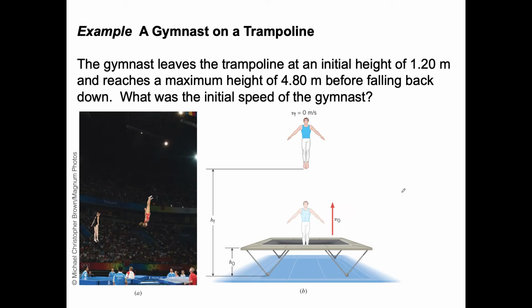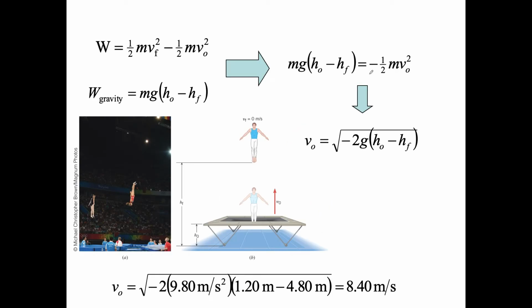So, example, we have a gymnast on a trampoline. The initial height is 1.2, and the gymnast reaches a maximum height of 4.8 before falling back. What's the initial speed of the gymnast? We just need to build a conservation equation. The work done by gravity equals the change of kinetic energy.